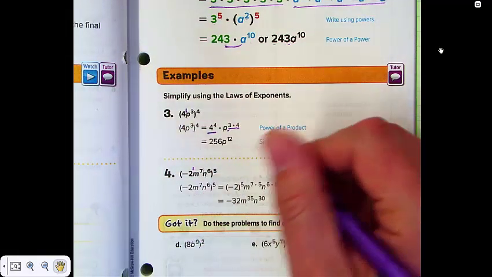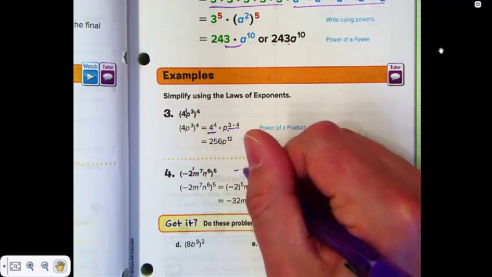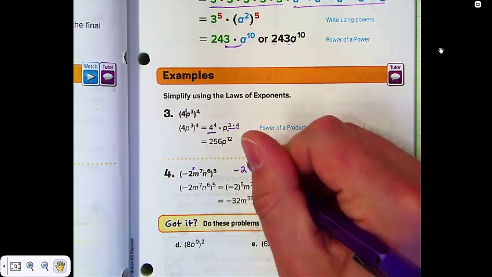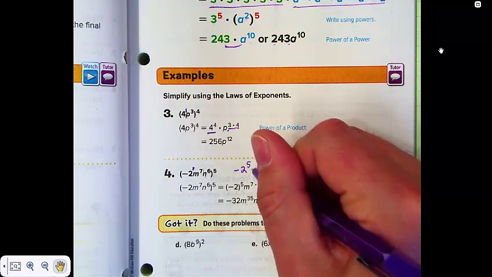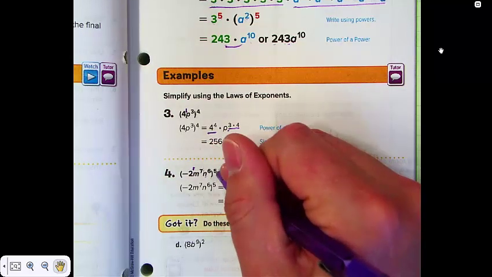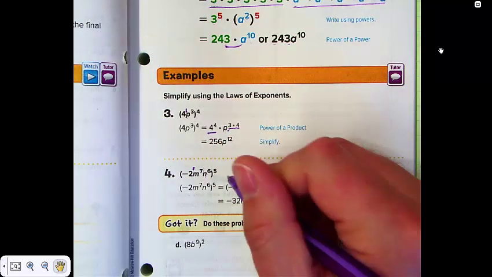So when I break this all apart, I'm going to have -2, 1 times 5. I'm going to have 5 of those, times my m, 7 times 5 is 35.